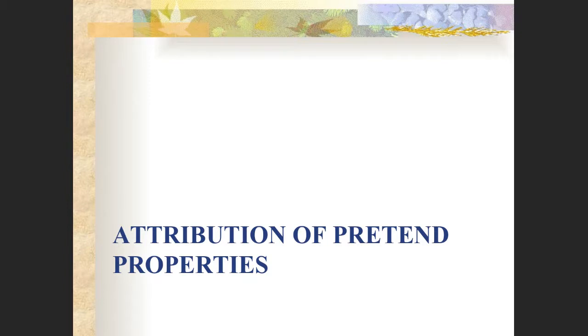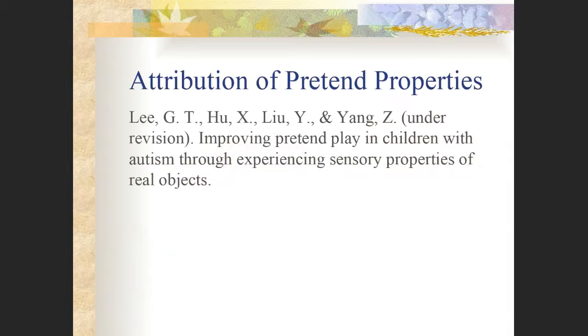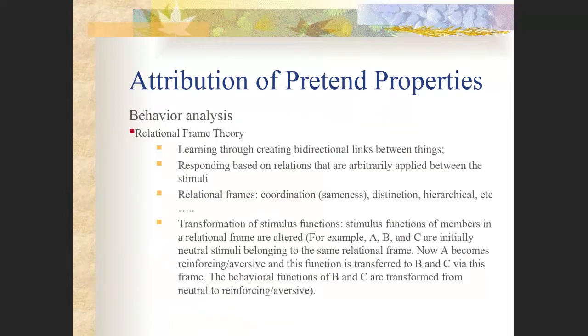All right, the third type is attribution of pretend properties. In this case, this paper is still under revision. We're going to resubmit to the Journal of Applied Behavior Analysis.